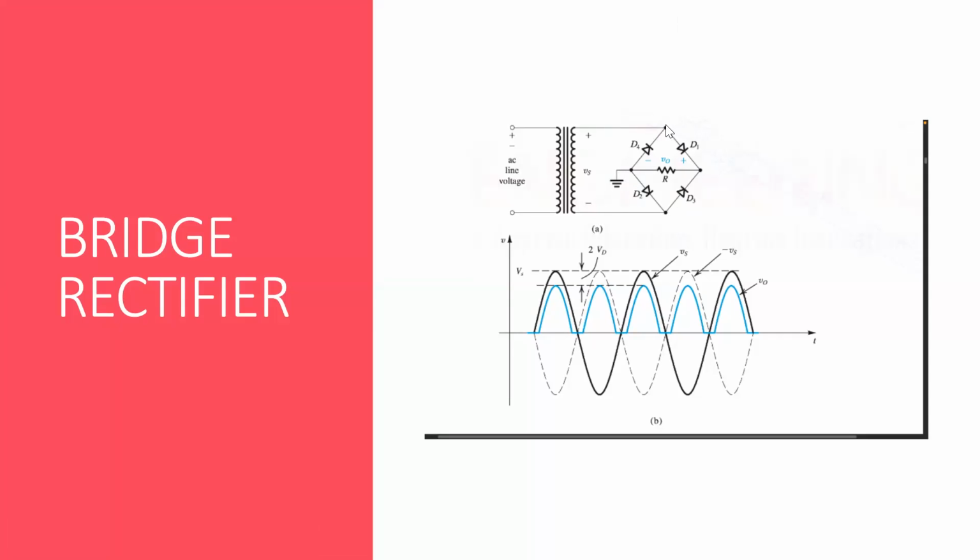So if the top point is at positive potential and the middle point has zero potential, then D4 is reverse biased. But D1 will be forward biased and a VD drop will be there. Then the current will flow through the resistor and then through D2.